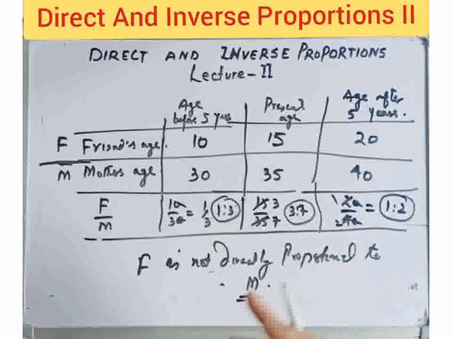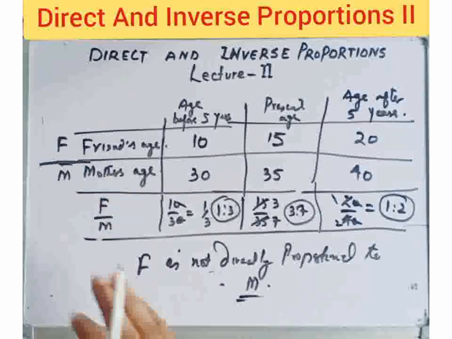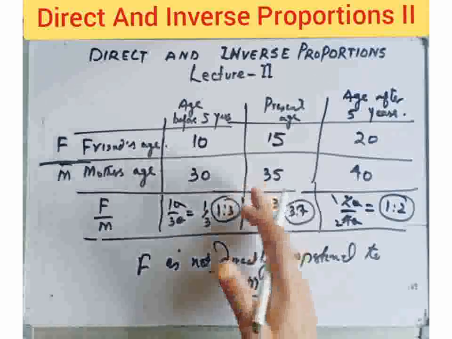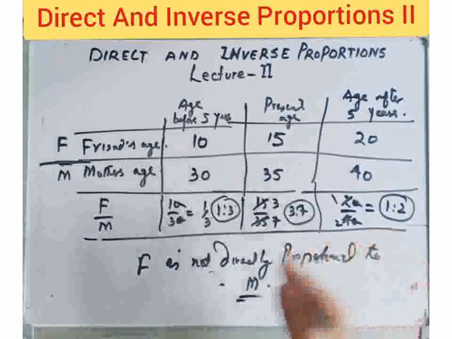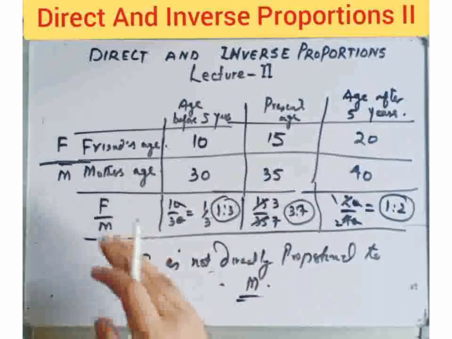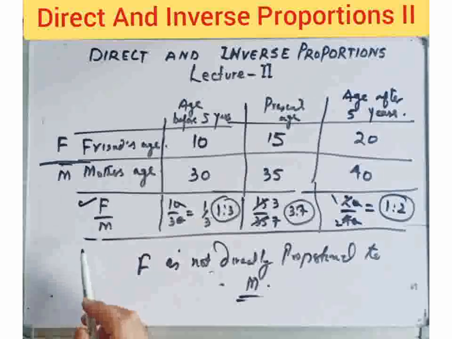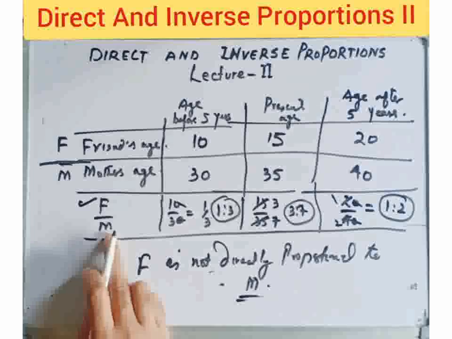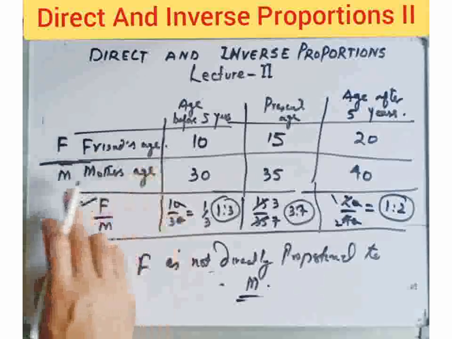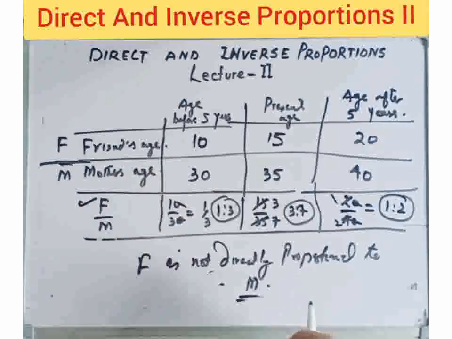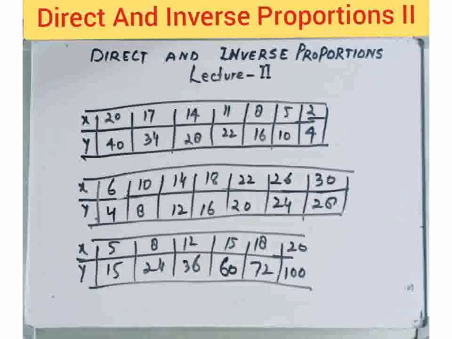Since this friend's age and his mother's age show an increase, but their ratio is not the same, we can say that F is not directly proportional to M. F means friend's age and M means his mother's age, right?